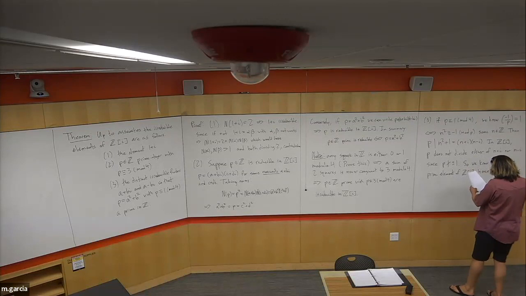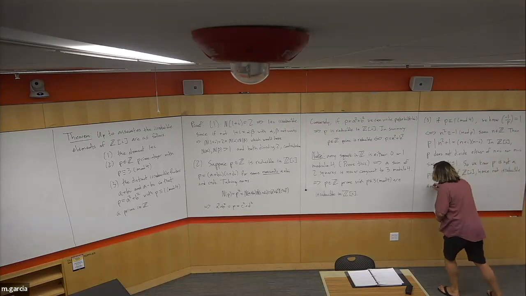So what do we have here? The norm of P is still P squared.